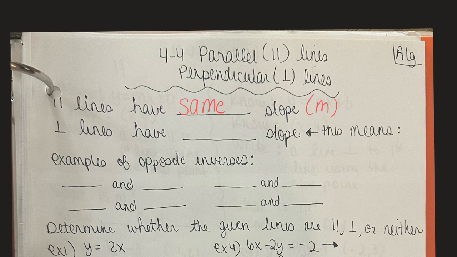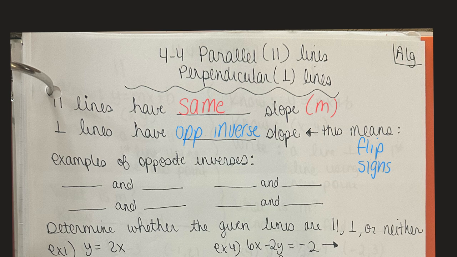Okay, perpendicular lines, on the other hand, they have opposite inverse slopes. Opposite inverse slopes. So what this means is that they're going to be flipped and the signs will be different.